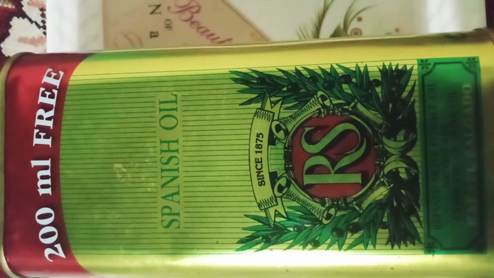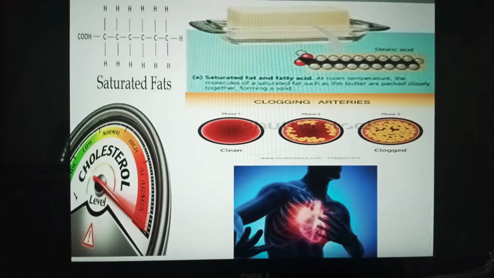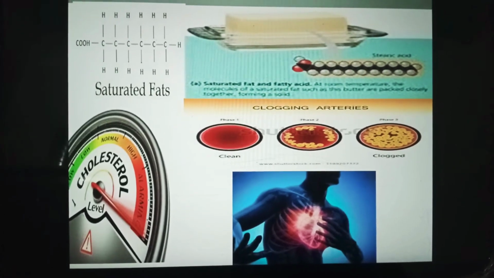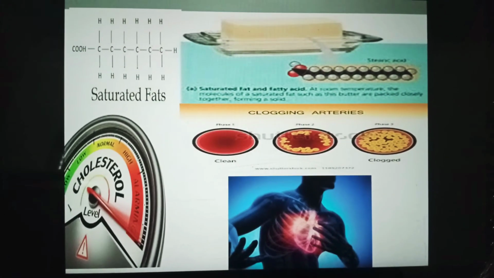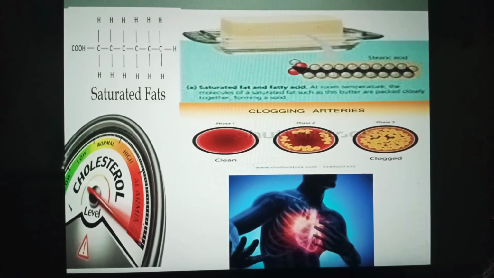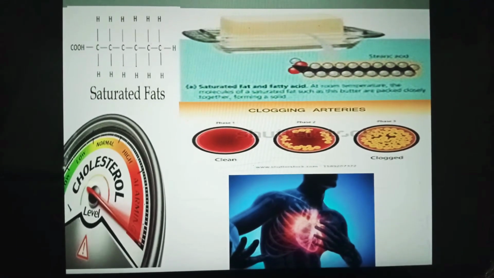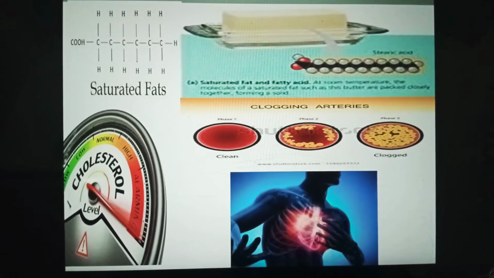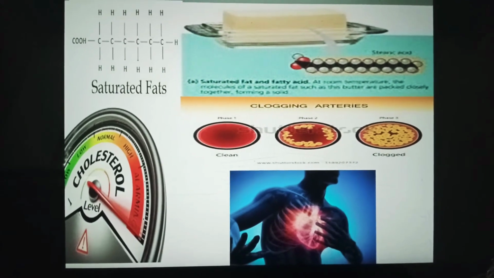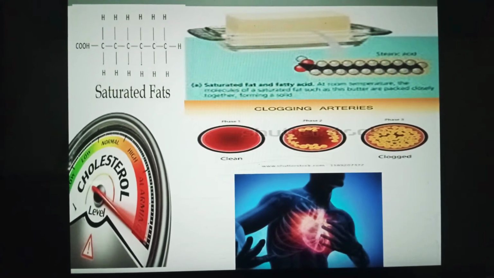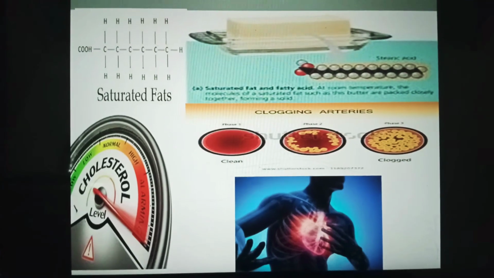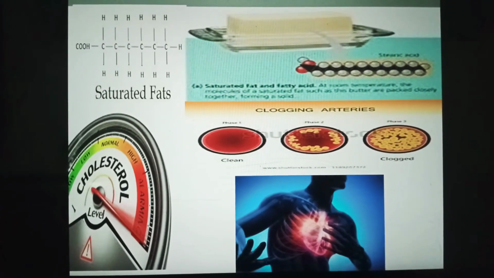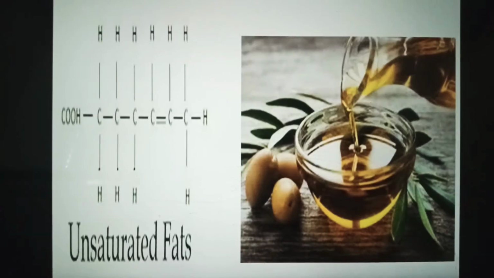And these are liquid at room temperature. I have discussed that excessive use of saturated fatty acids can lead to high cholesterol level, clogging of arteries and heart diseases. And there would be a single bond between carbon and hydrogen in saturated fats.